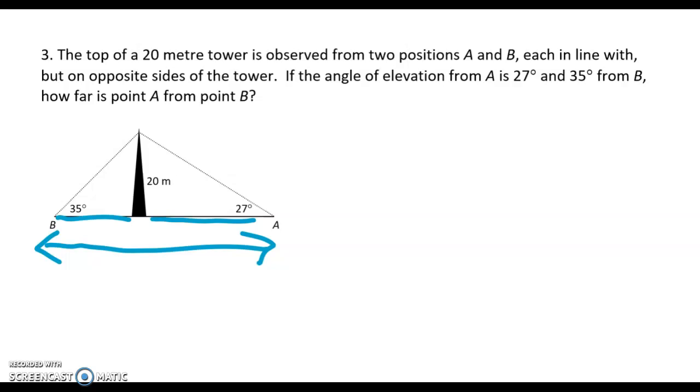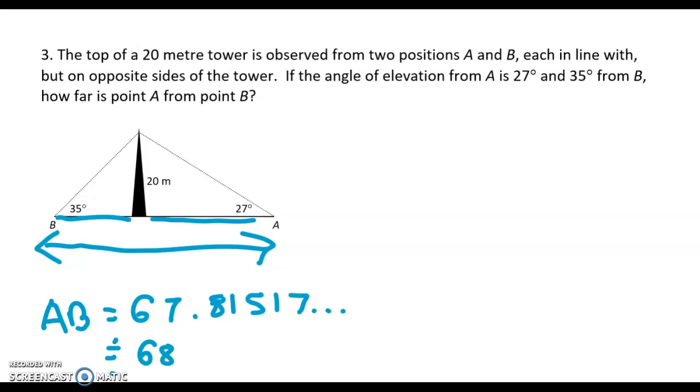So you should get AB equaling 67.81517. And so it doesn't ask you for exactly, so that's an 8 there. So that's approximately 68 meters. So see if you can get that. Just be careful because it's two parts, not to round early. So don't round early.